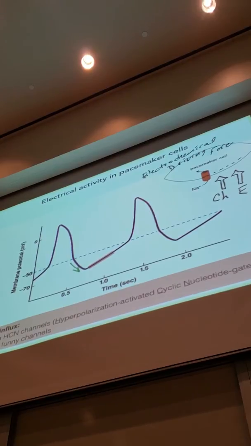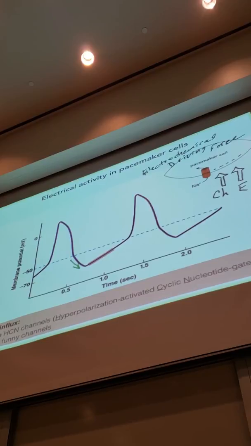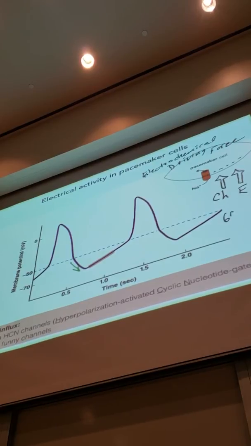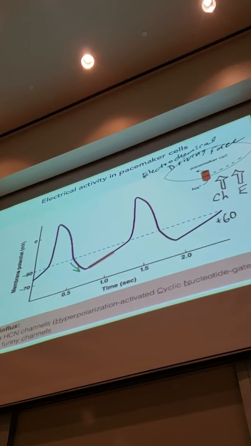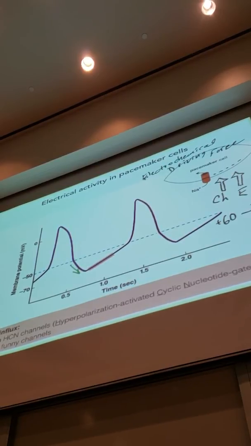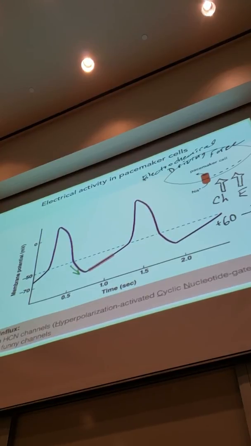Okay. So electrochemical driving force is the difference between our equilibrium potential of sodium, which is about plus 60, and where the membrane potential is. In this case it's minus 70 to start with.